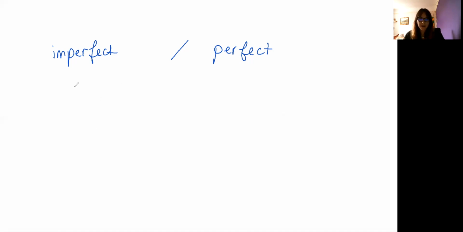And when I say it's a mix of the perfect and the imperfect, I mean that the imperfect is going to be used. You know how the perfect is I have played, j'ai joué. You have the auxiliary and the verb.